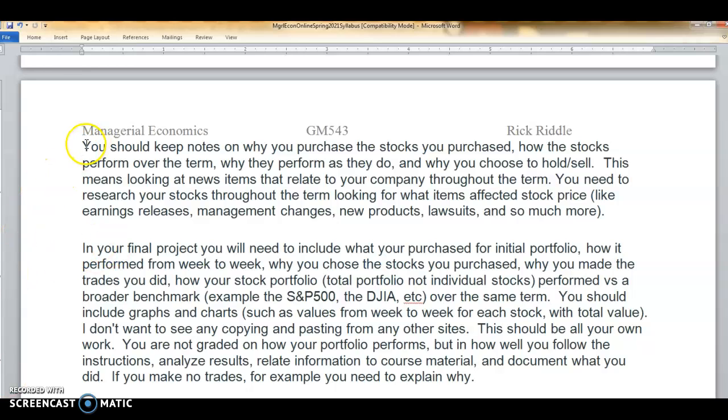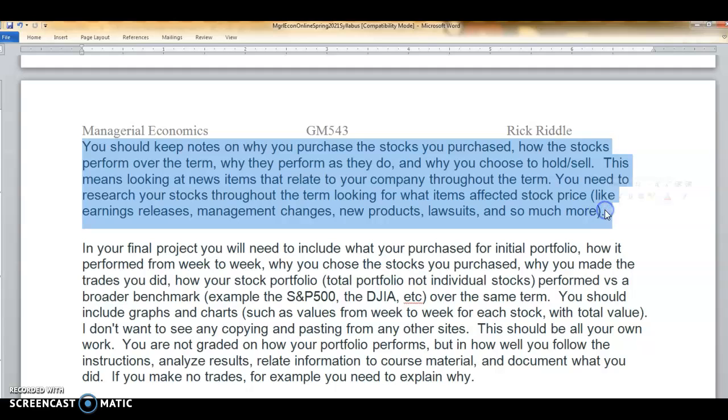This is why you're only doing 4 to 6 different companies, but they need to be in different industries, so you have a somewhat diversified portfolio. You'll write about how the stocks did over the course of the term, why they performed the way they did, and why you chose to hold the stocks or sell them. I suggest that you make a couple of trades during the term. You don't have to make any trades if you don't want to.